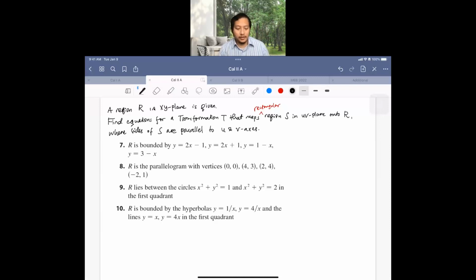So what we have in the question here is we need to find the transformation, and then probably take some time to draw the transformations. We can check number 8 first. So we have the parallelogram with some vertices.